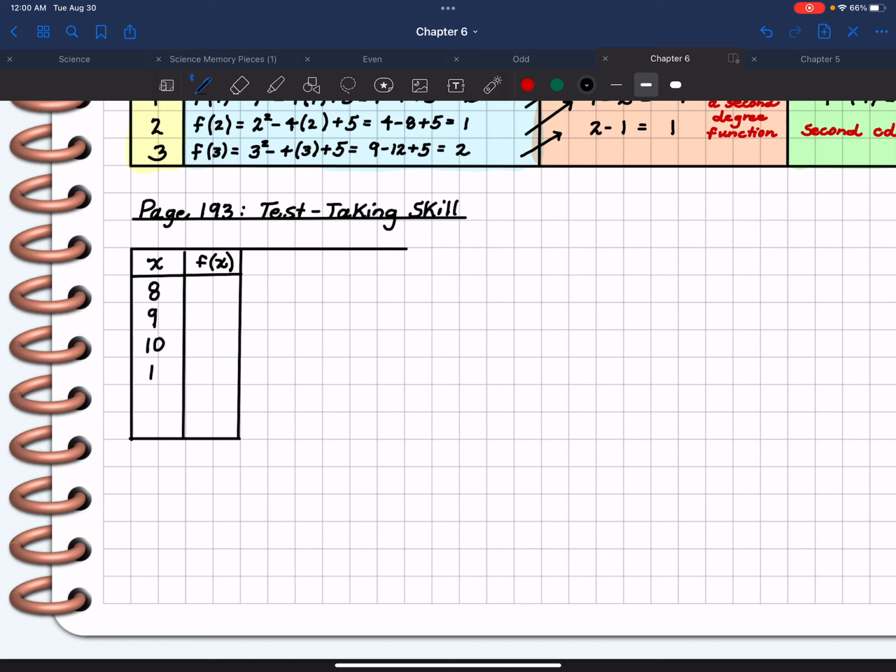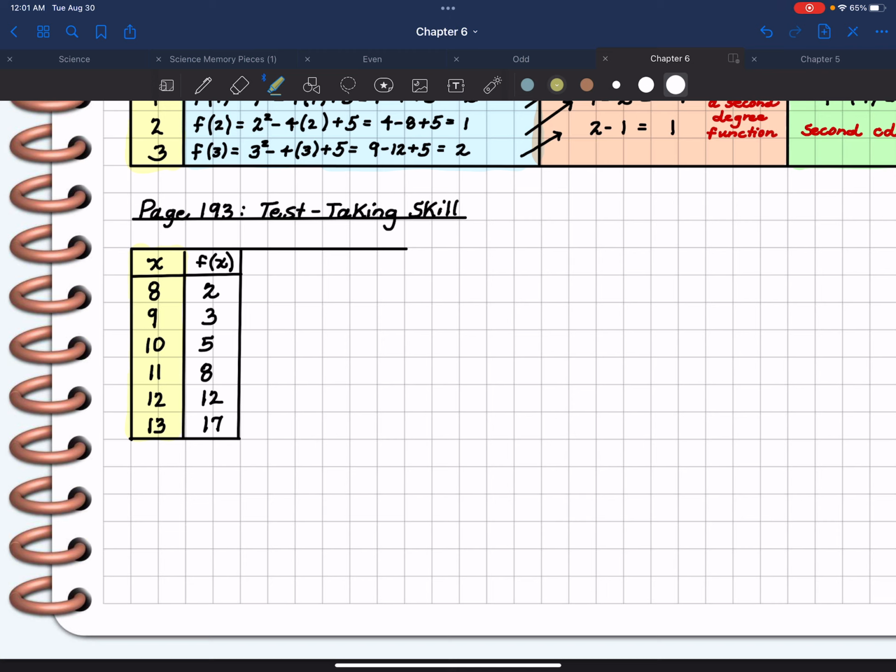Remember, they have to be consecutive. 12 and 13. And then 2, 3, 5, 8, 12, 17. And let me back up and say that again. The X's have to be consecutive. The domain has to be consecutive.